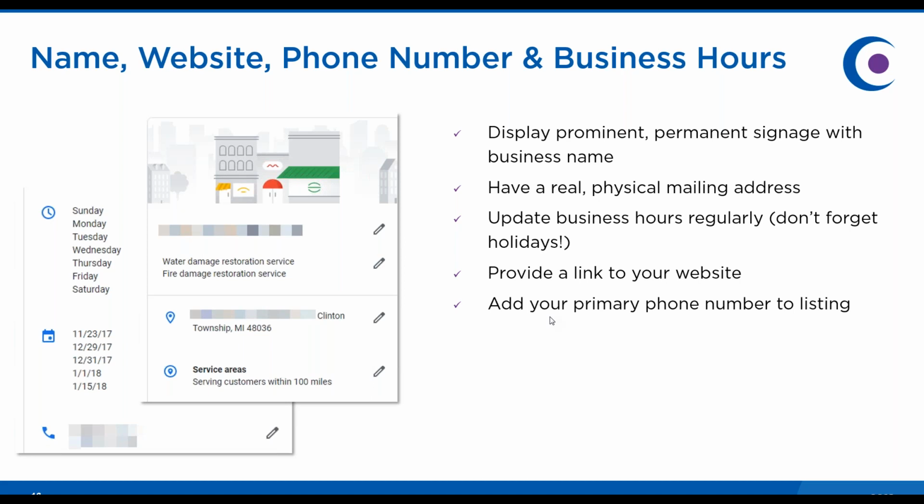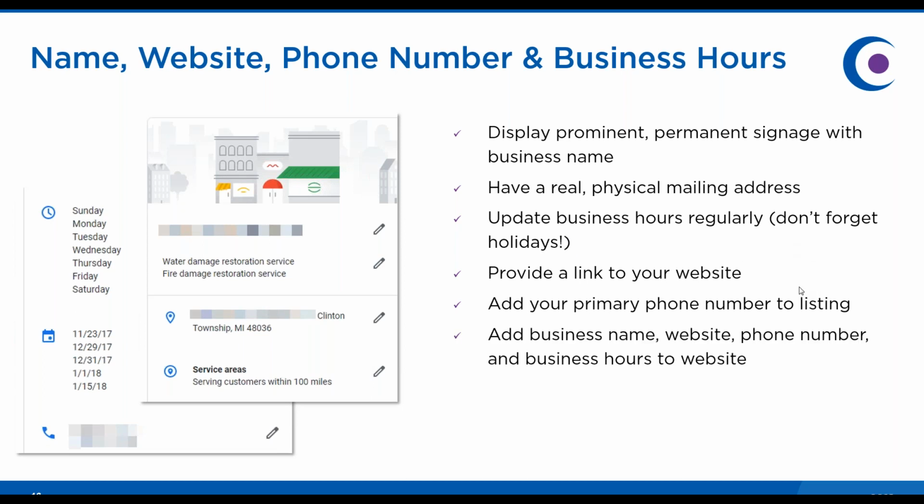What we do with our Google My Business listings for our clients is, we have a tracked phone number, and then we also have their main business phone number. You can include both in the listing. That's what I mean by primary phone number: your actual business phone number. Make sure that's in the listing as well. And then make sure you add all of those things to your website as well.